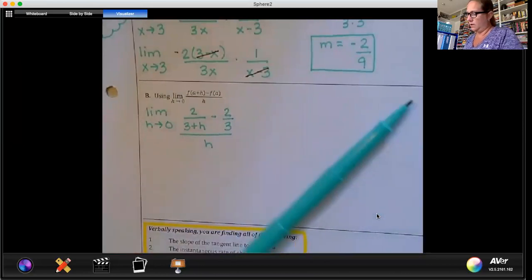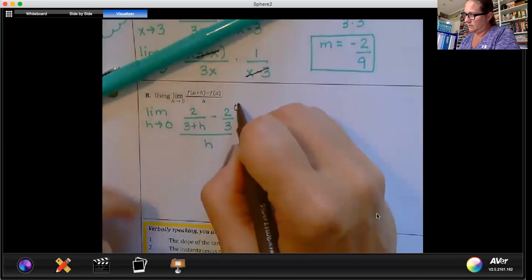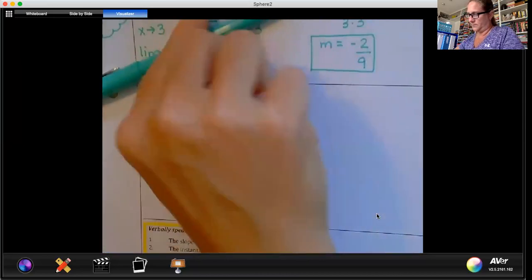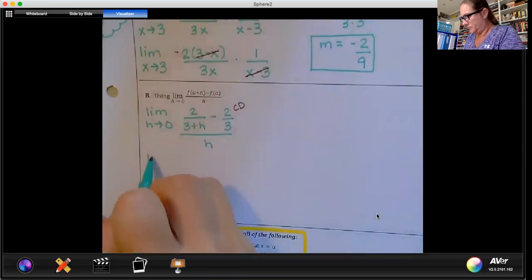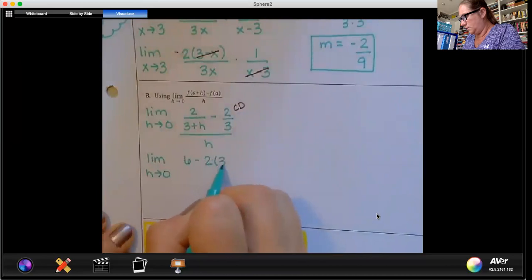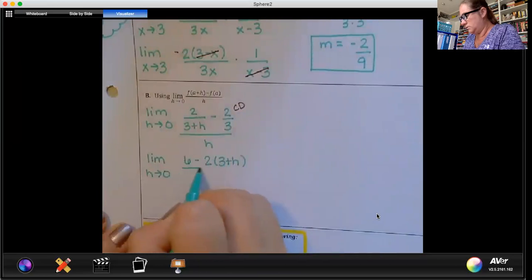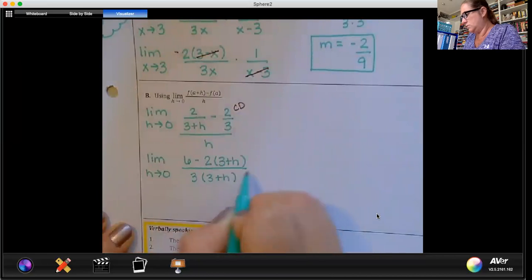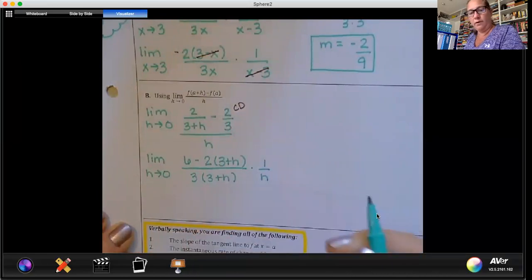Again, cross, cross, across, you need a common denominator. 6 minus 2 times 3 plus h over 3 times 3 plus h times 1 over h.